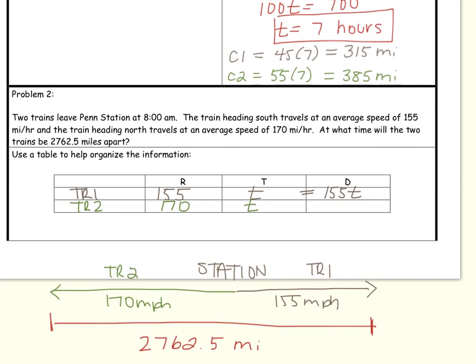We don't know the time for that one either, but we know the distance is 170 times however many hours it travels. So we're looking for the total distance between the two trains to be 2,762.5 miles. So I want to know when these two distances add up to 2,762.5 miles. And so we've already set up our system.